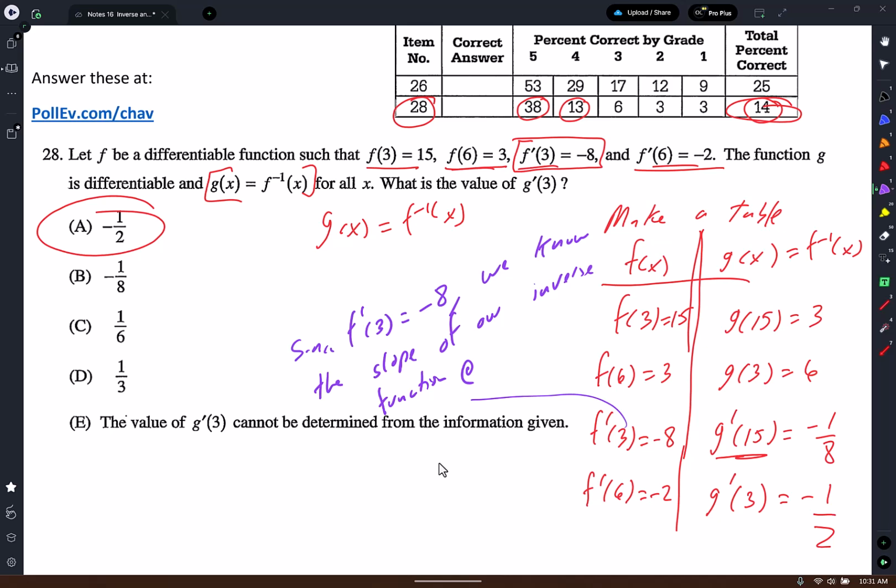We're taking the inverse, and then whatever you had on the original, you take the reciprocal of that slope. Since f prime of 3 is negative 8, we know the slope of our inverse function at x equals 15. That's just part of it. That's not the whole thing.